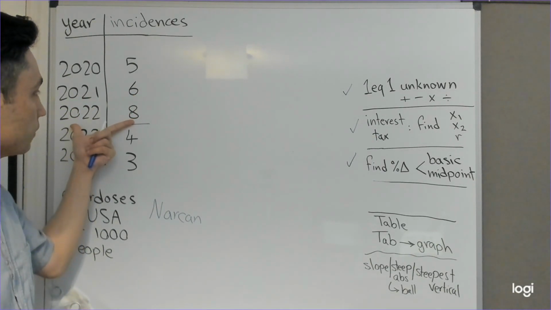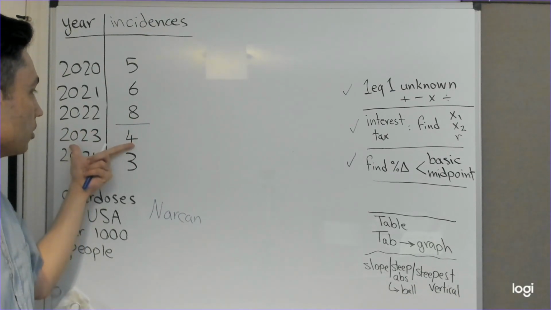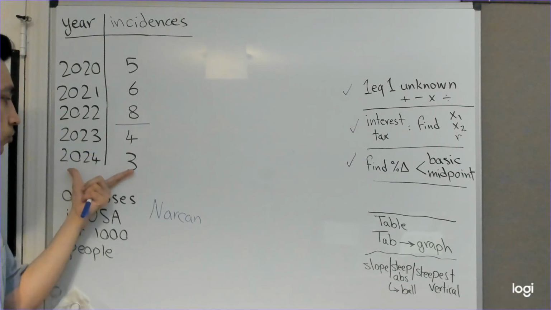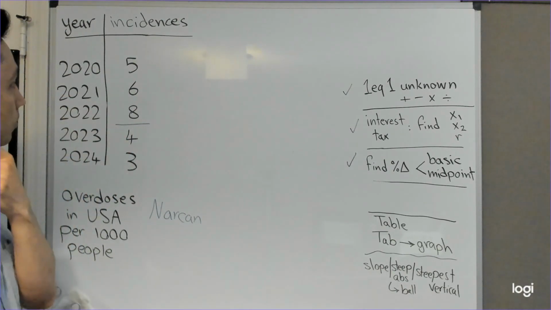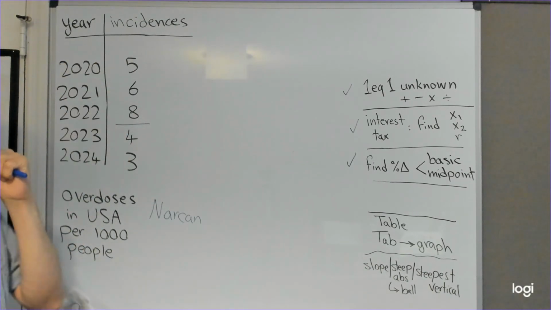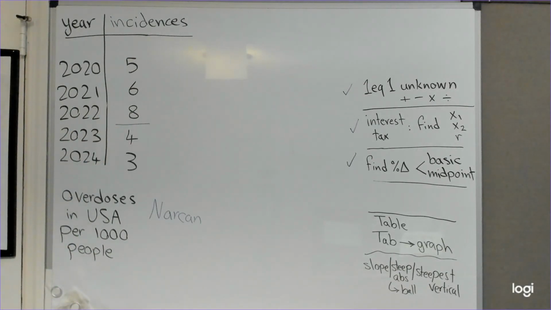But because of the introduction of Narcan, helping people stay alive, the number has reduced in 2023 to 4, in 2024 to 3. That's the way a table would paint a picture of the evolution of something over time, for example, if you're looking at the years and the number of incidences like this.